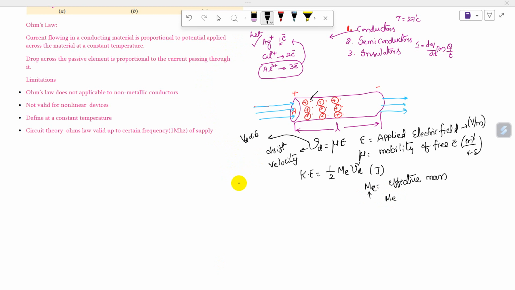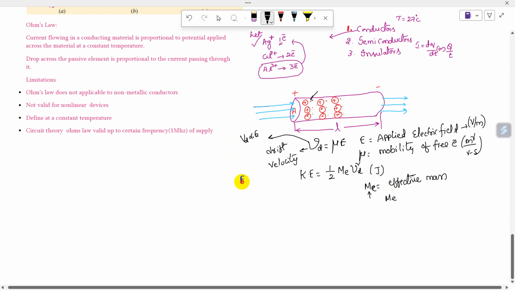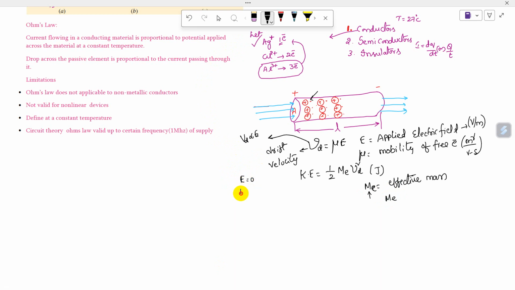Now consider when my field is not present, that is E is 0. Then the force on the electron is given by the equation from field theory, F is equal to E into charge. Where E is 0, there is no force on the electrons.